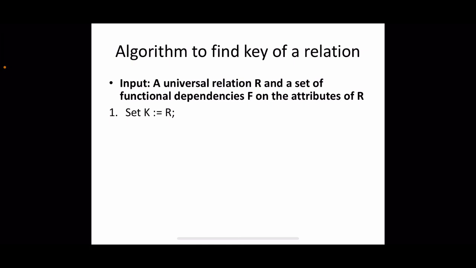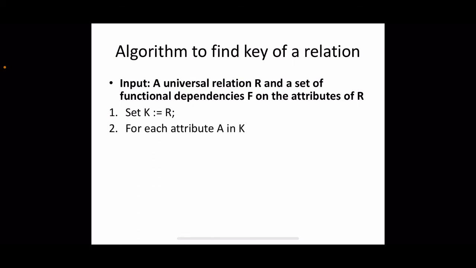Okay. Initially we will assign K as the entire set of attributes. All the attributes in R will be assigned to K. Then we have to find some attribute that can be removed from this set. We have to minimize this key set.